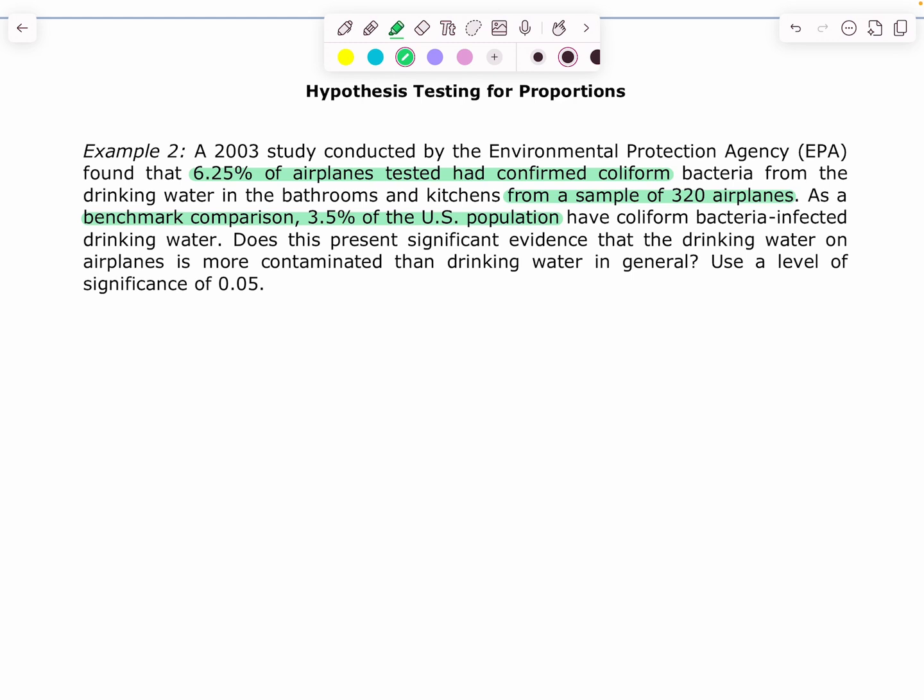Does this present significant evidence? Significant evidence is my key word here that I'm going to do a hypothesis test, that the drinking water on airplanes is more contaminated than drinking water in general. And then we have a level of significance of 0.05.